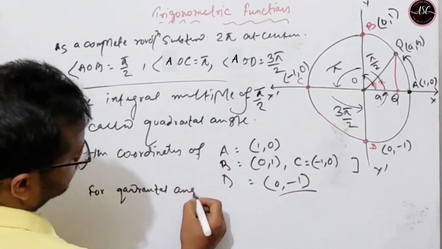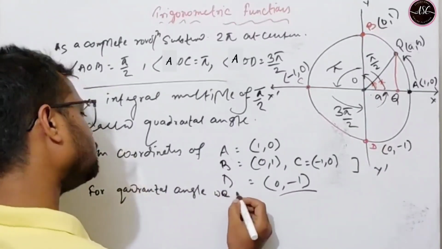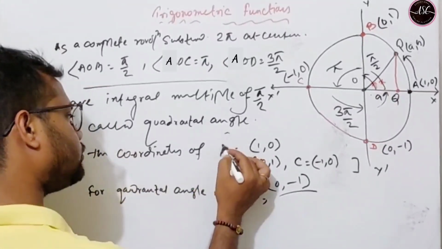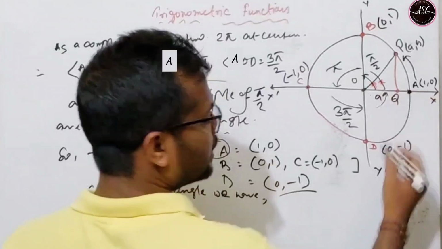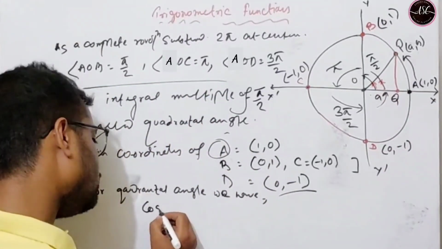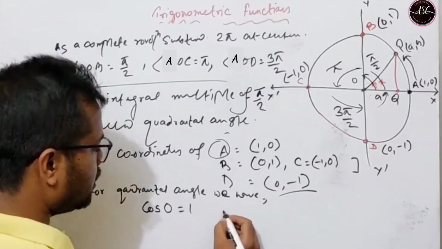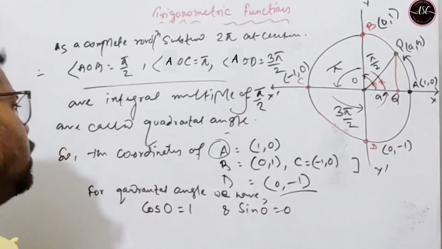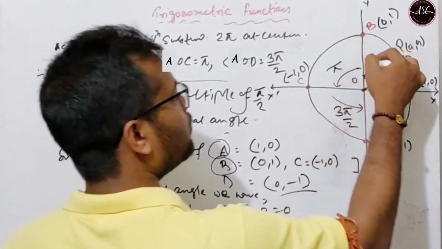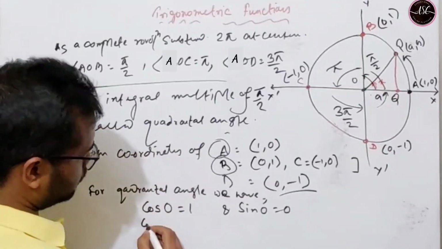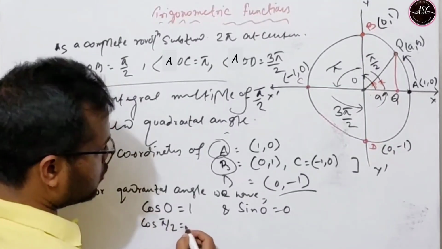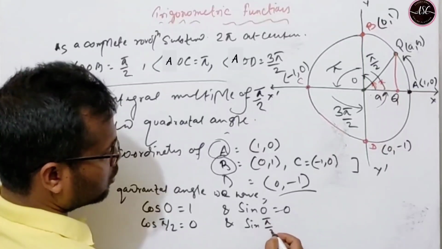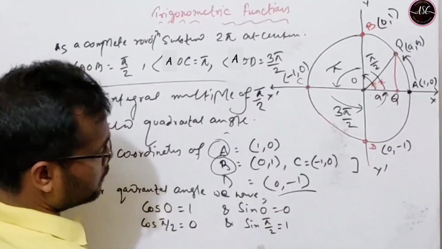For the quadrantal angles, A means the initial position, so the angle will be 0, cos 0 equal to 1, and sin 0 equal to 0. For the point B, the angle will be pi by 2, so cos pi by 2 equal to 0, and sin pi by 2 equal to 1.